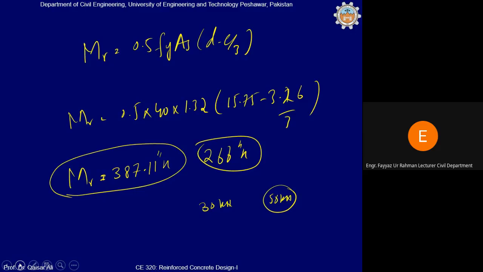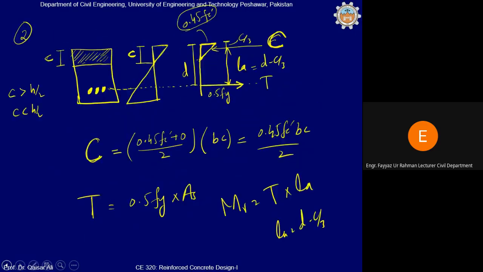If you remember, in the very first class we discussed the working stress and strength design approaches. So this stage corresponds to the working stress approach. In the working stress approach, we incorporate the factor of safety by dividing the strength of the material by 2. So you can see here, stress in the steel is Fy by 2 and stress in the concrete is almost Fc prime by 2. You can see that the material strengths have been divided by 2. Okay?